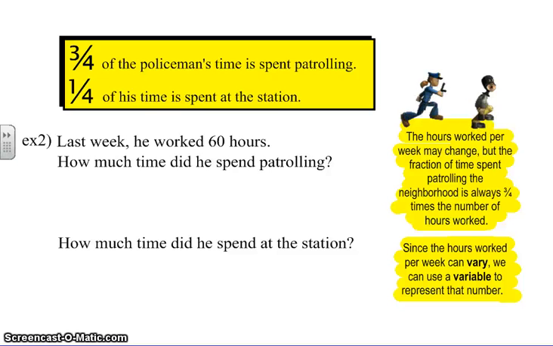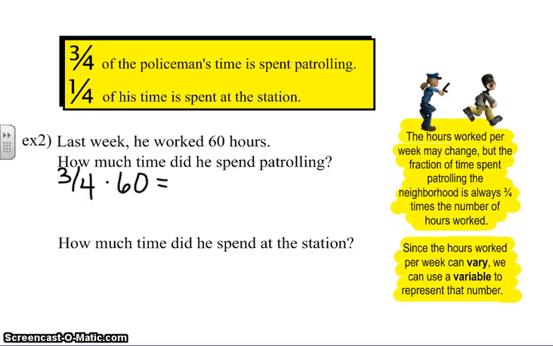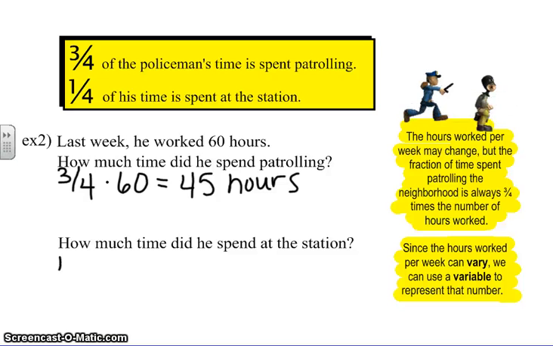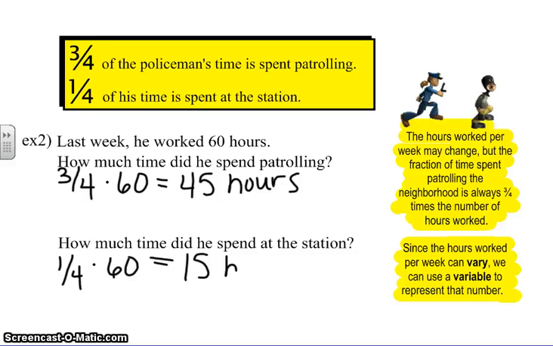So we are going to look at 3/4 of 60, so 3/4 times 60 gives us 45 hours patrolling. And again, he's at the station 1/4 of the time, so 1/4 of 60, or 1/4 times 60, tells us that he spends 15 hours at the station in that week.